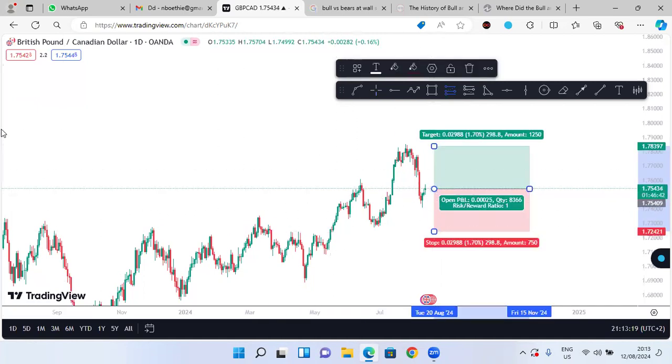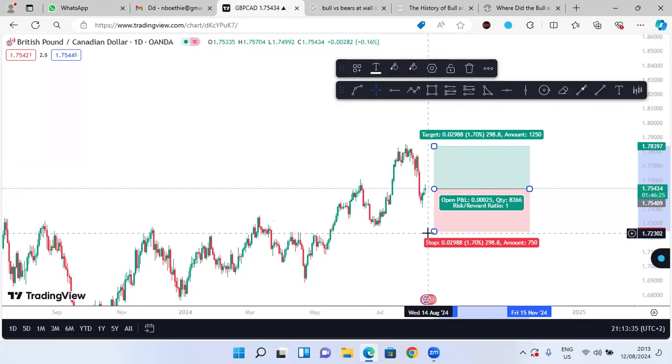What will happen is it will indicate two colors. The red color is your danger color. That is how much you lose if the price gets there. The blue color is the profit zone.